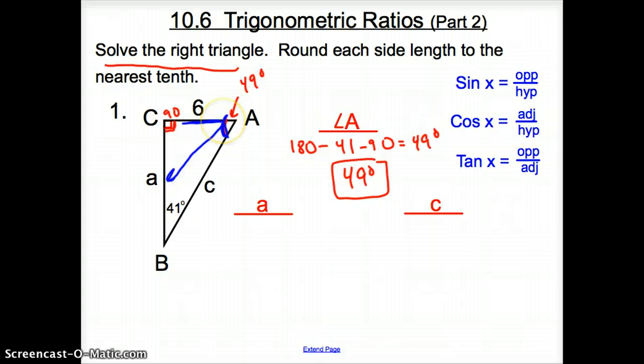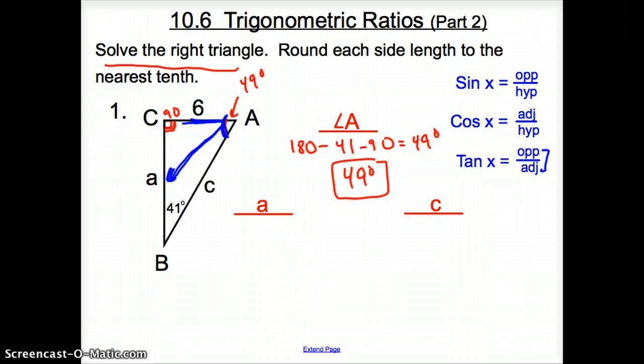So now, again, from angle A, I would be looking for opposite, and I would be looking for adjacent. So what gives me opposite and adjacent? Well, opposite and adjacent is tangent. So how do we go about this?